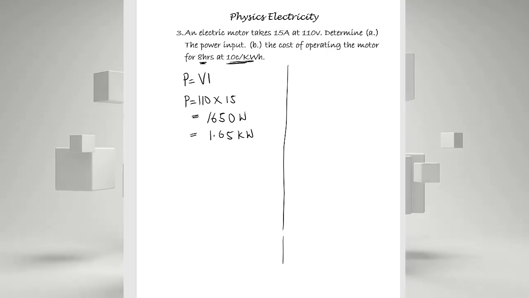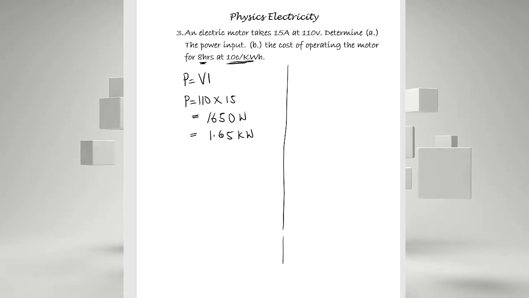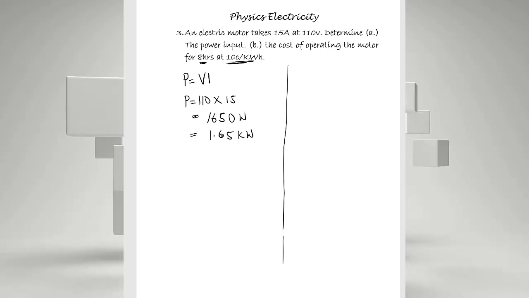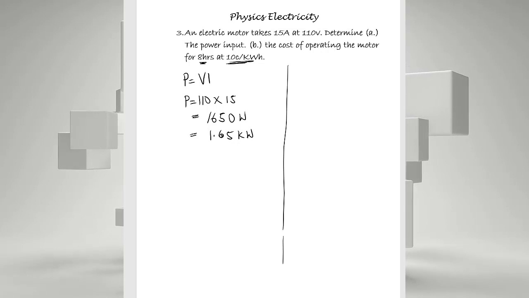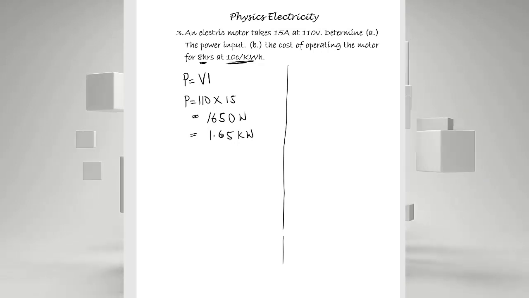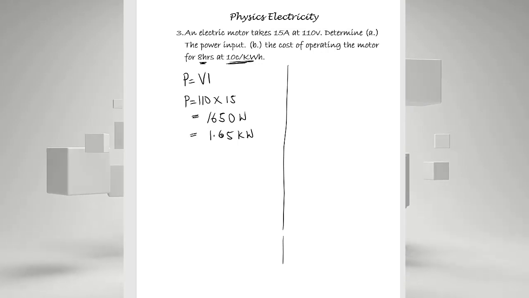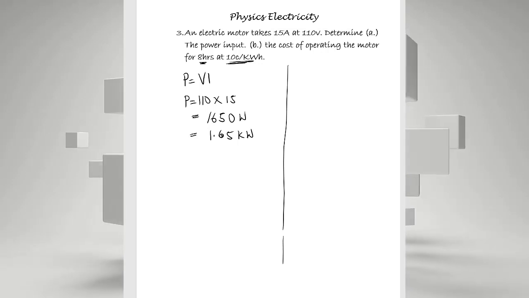Because the cost is per kilowatt hour, I would not need to convert my 8 hours to the SI unit of time, which is seconds. I'm just going to use that 8 hours to multiply with my 1.65 to get my answer in kilowatt hour.